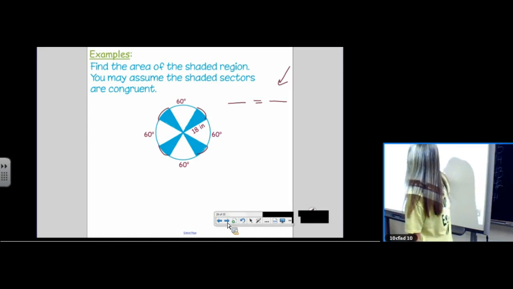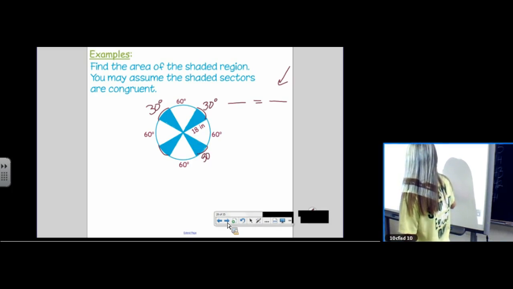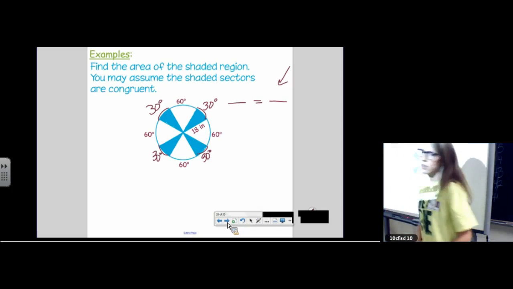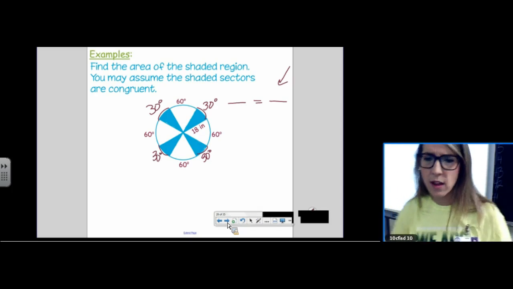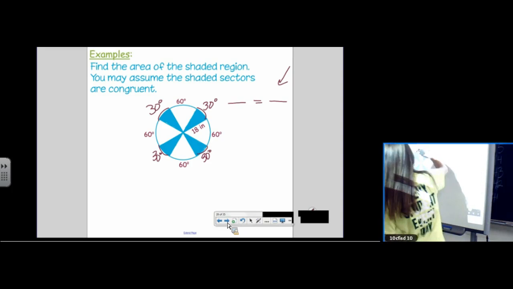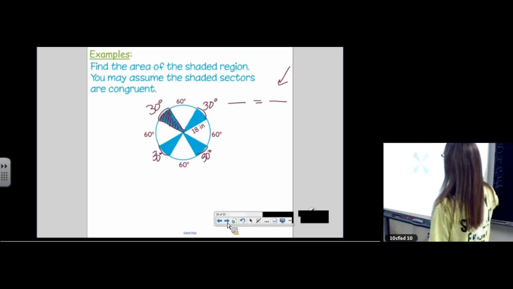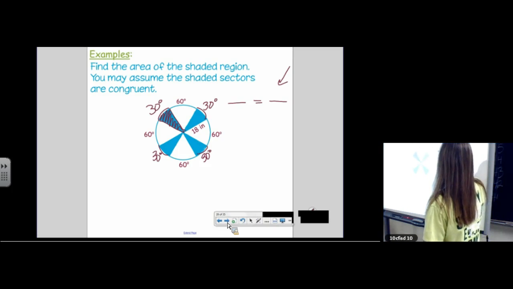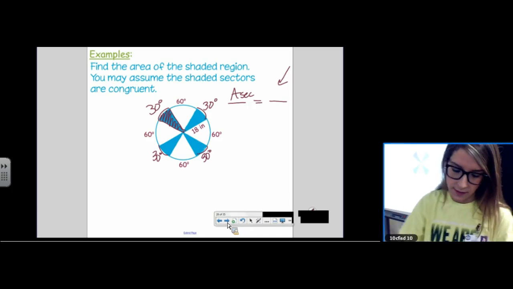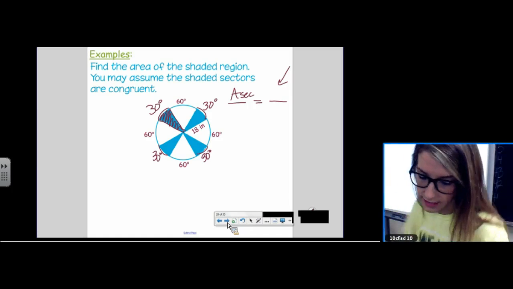So these are each 30. We can find the area of one of these and quadruple it. Let's do that. I want to go that route. That's what I'm going for. So I want to find the area of one of these, and then I want to quadruple our final answer. So, A sec over, oh goodness, A area of a circle, 18 squared.